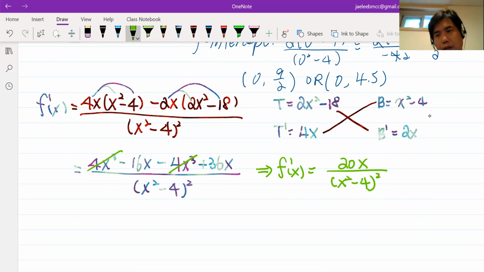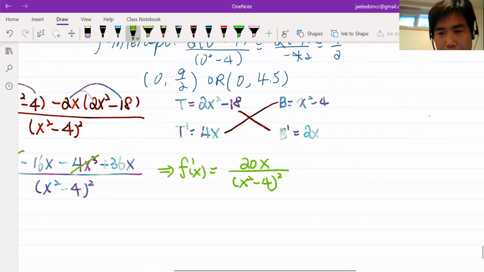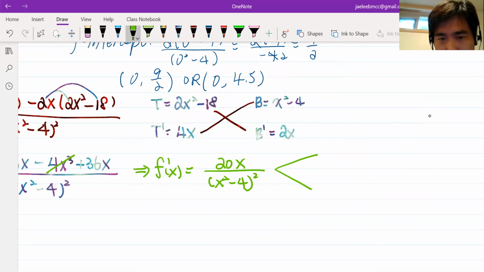Okay, so to find the critical values, we set the numerator and the denominator equal to 0. So 20x = 0, so we get x = 0.